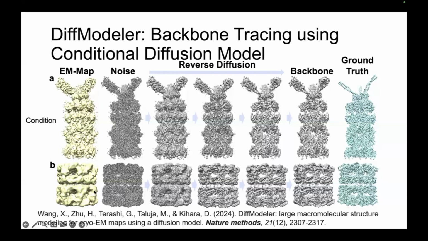We train the network using the deposited, ground truth PDB structures. Starting from completely noisy data, the network learns what the backbone positions look like, and using the original EM map as a condition, it tries to remove the noise iteratively. Finally, it gets the predicted density map with enhanced backbone positions.